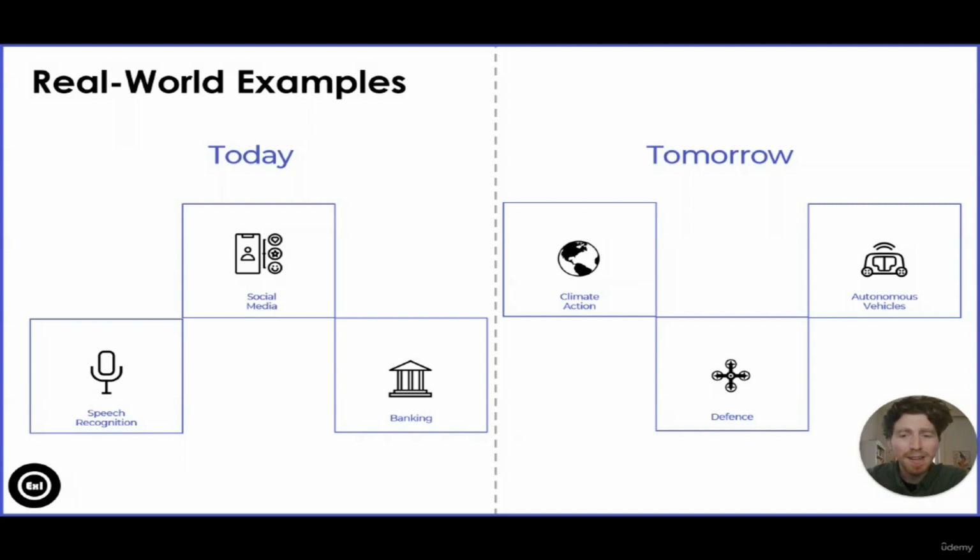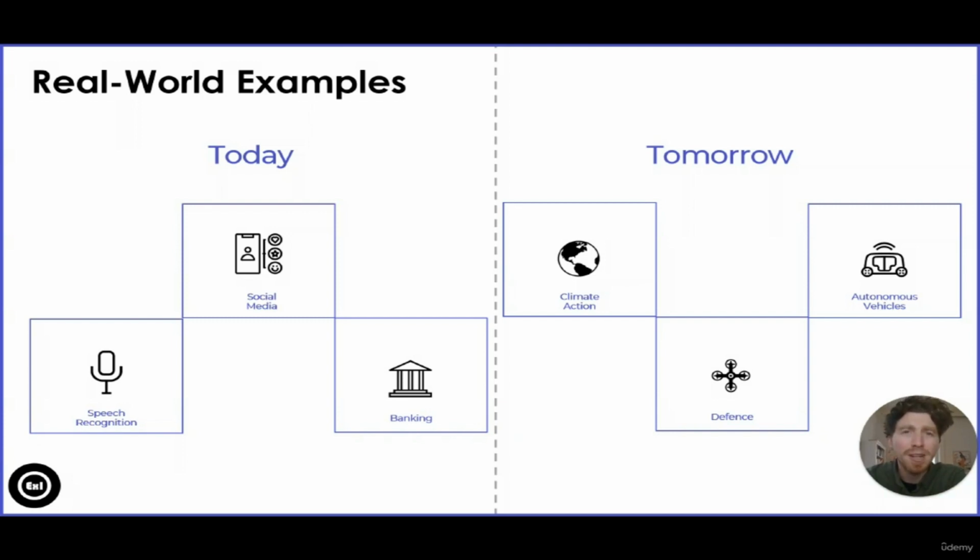AI is also applied in banking and with financial institutions, where they track thousands and millions of financial transactions and pretty quickly can identify if a certain transaction seems fishy or malicious and react quickly to increase the security within their networks. What's going to be possible with AI tomorrow or in the near future?